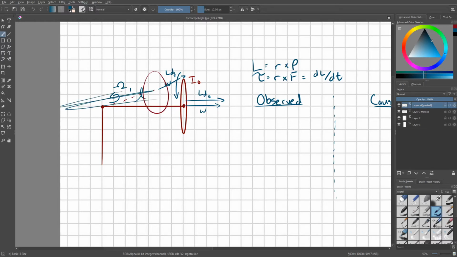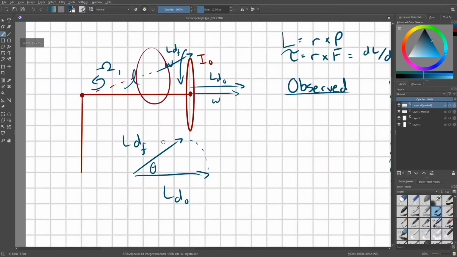This plane right here, this horizontal plane that the disk is rotating through, that's going to be just set on this plane basically. So this is L_D naught. This here is L_D final. There's some arc between them that this disk traverses. And this is gone across this angle theta.